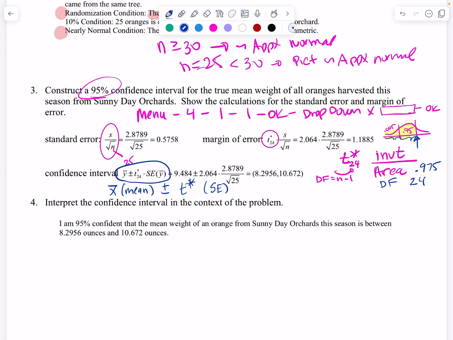And here's your standard error, S over square root of n.